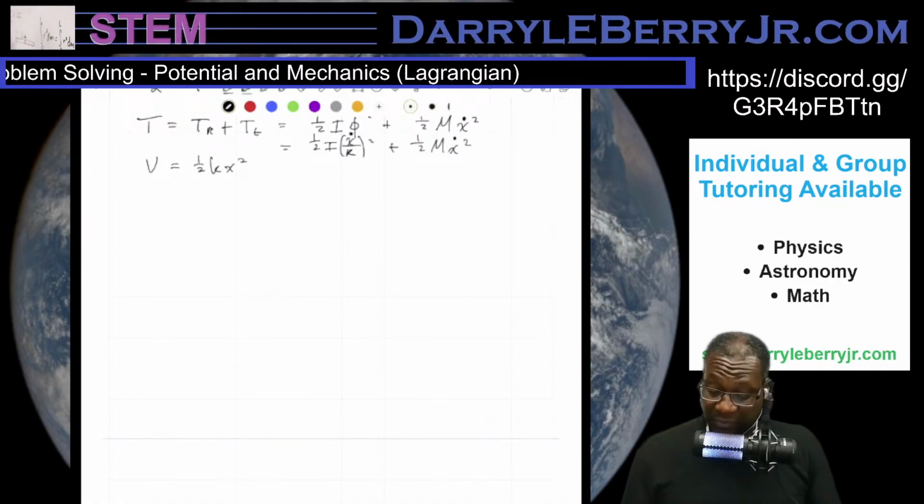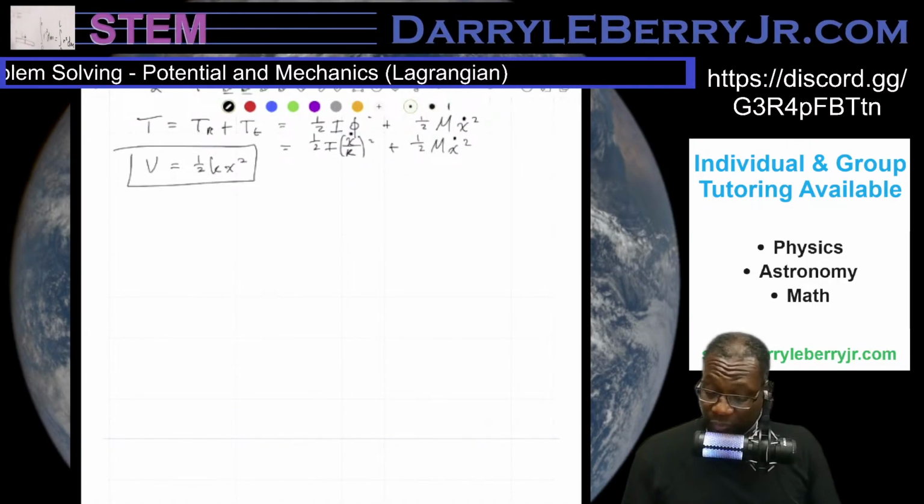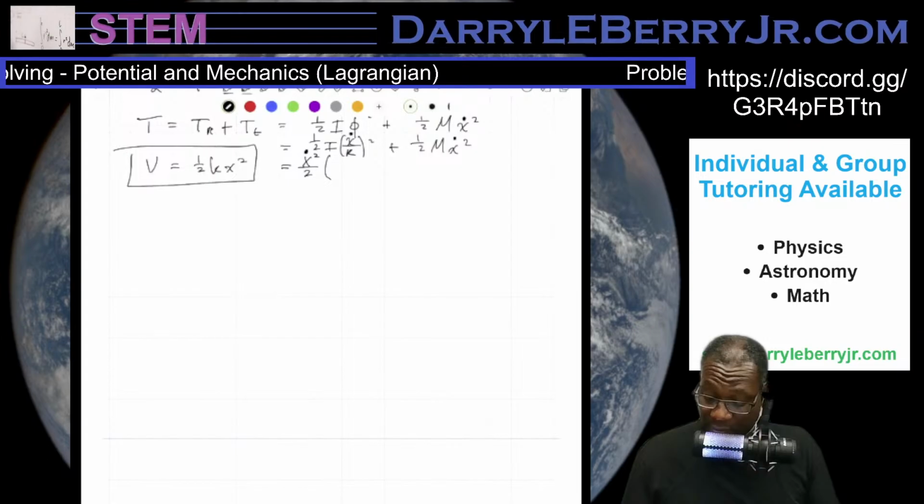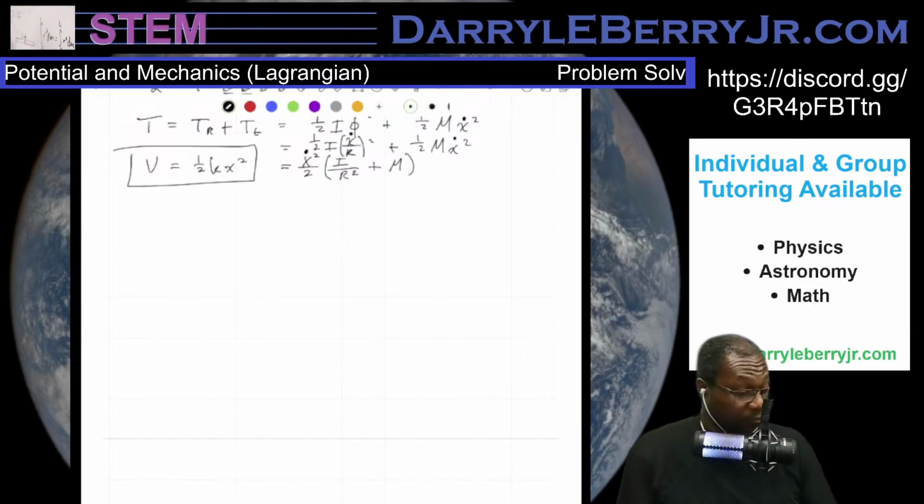So you can simplify this one more and say it equals x dot squared over 2 times I over r squared plus m.